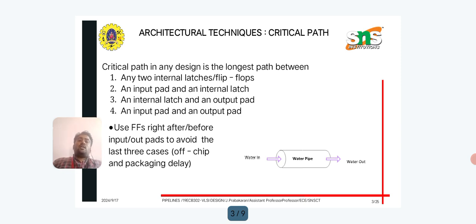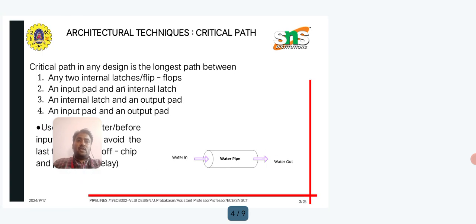Here you can see the critical path in any design is the longest path between any two internal latches or flip-flops, an input pad and an internal latch, an internal latch and an output pad, or an input pad and an output pad.